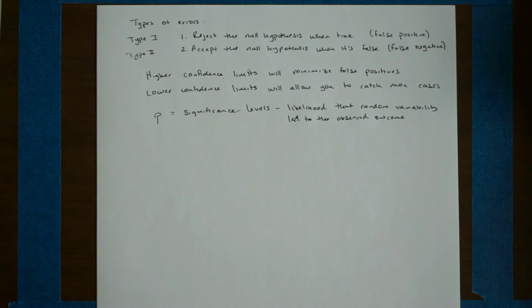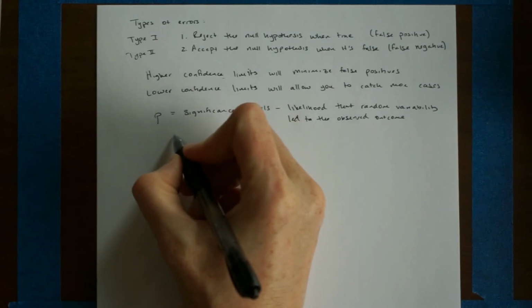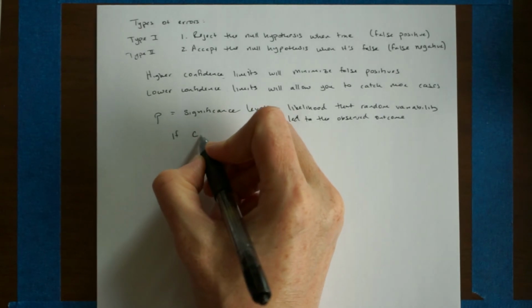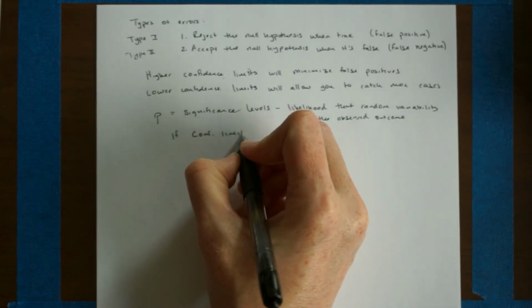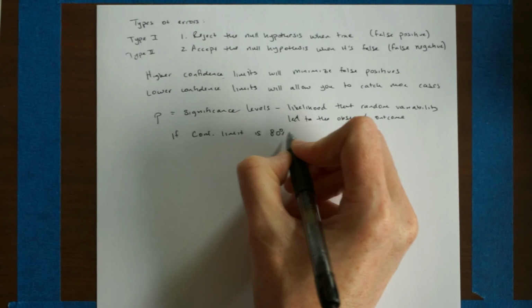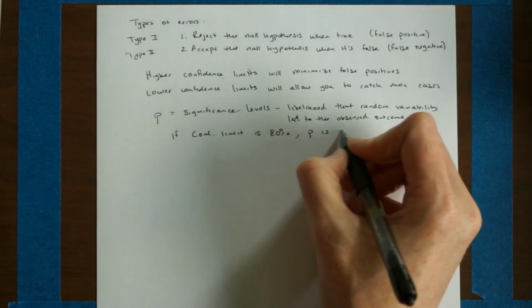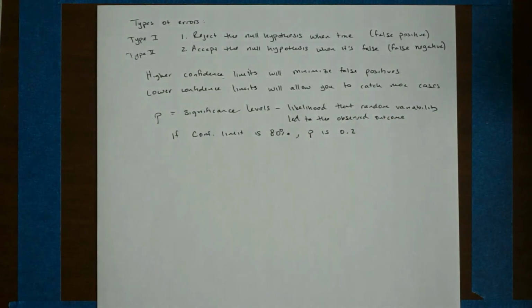So in our example, where we chose an 80% confidence interval for testing whether our class's height is statistically different than the national average, our p there would be 0.2. So then if we have detected a difference, we would have to say that there is at least a 20% chance that natural statistics has led us to detect that difference when it wasn't there. So that's what the p-value means.